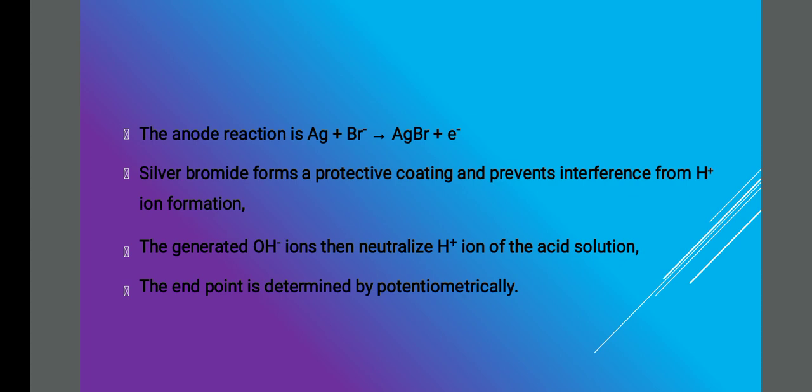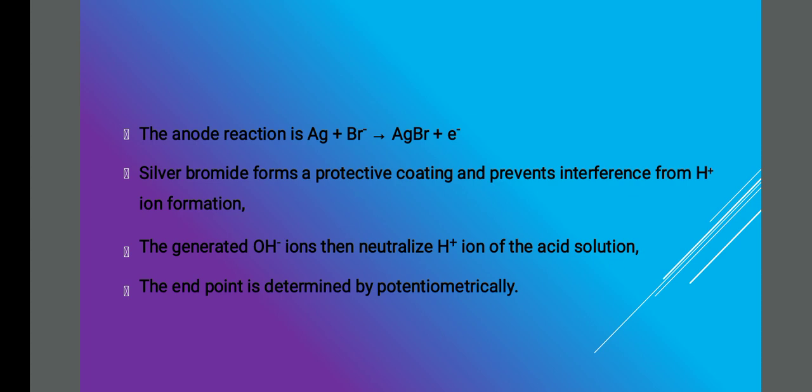This forms a protective layer and prevents the interface from H plus ion formation. அதுக்கப்புறம் generated OH minus ion will neutralize the H plus ion present in your acid solution and the end point is detected potentiometrically.